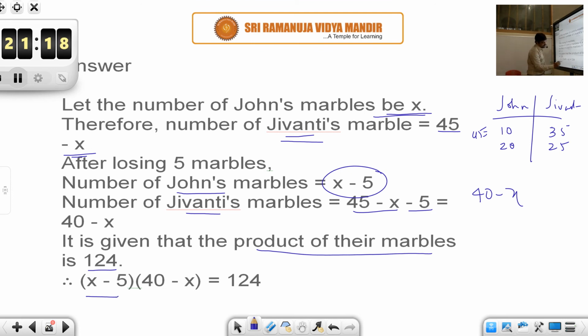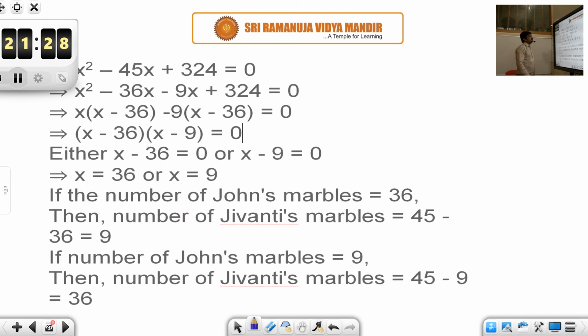That is X minus 5 times 40 minus X is equal to 124. So let's multiply and expand it. So x square minus 45x plus 324, this is what we'll get.